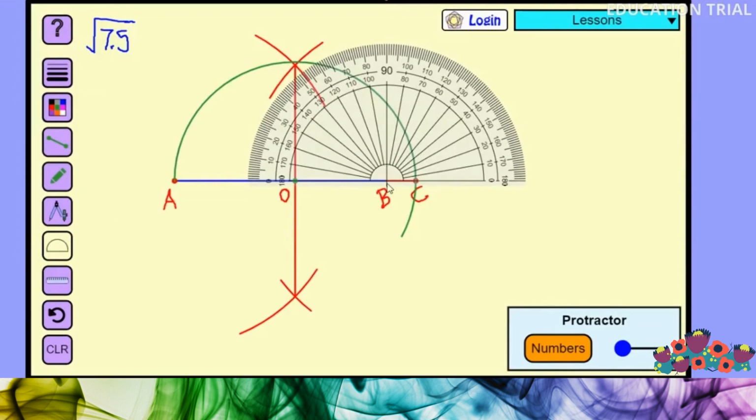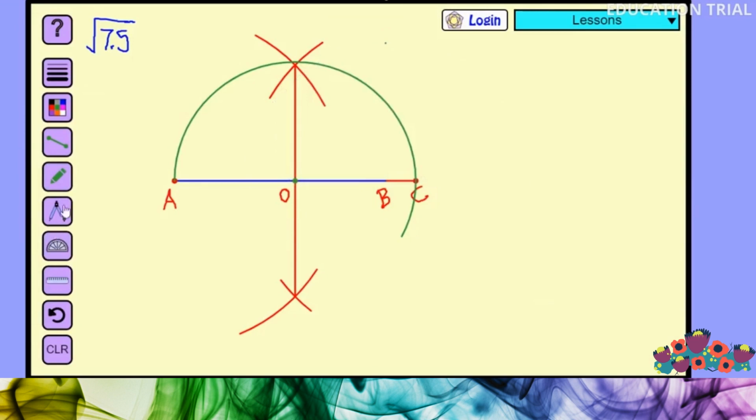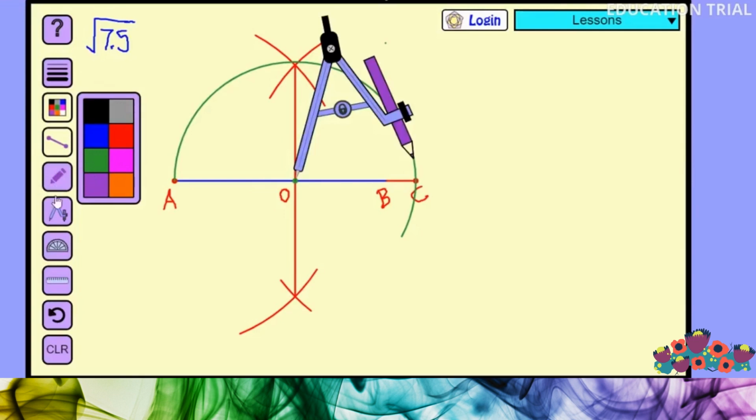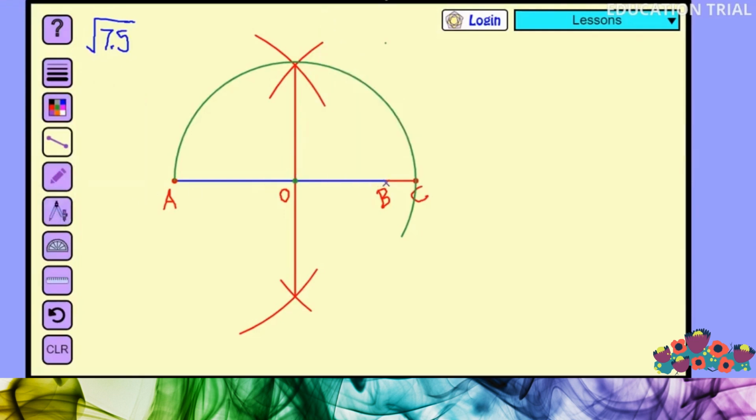That means at the point B, I am placing the protractor and I am taking my pencil and marking the point at 90-degree measurement from B. Then I am drawing a straight line from B to that marked point.